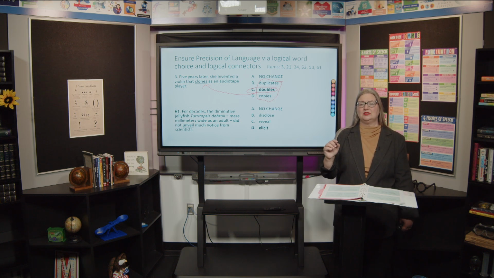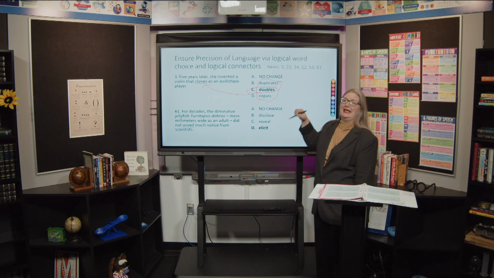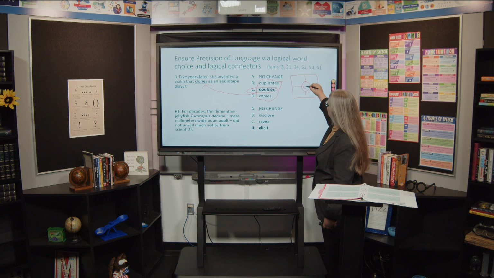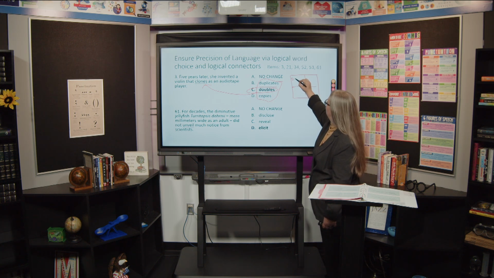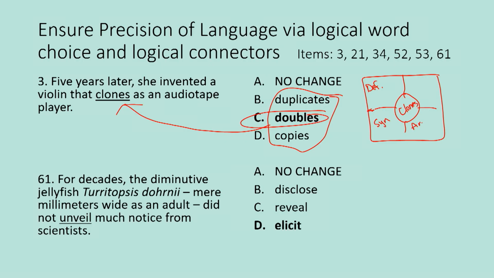And so I think I told you guys that in my classroom we do a lot of Frayer models that have synonyms and antonyms in them. And if you want to know what a Frayer model looks like, you put your word here. So we would put the word clone, and then you would have the dictionary definition, and then you would have synonyms and antonyms, and I can't remember what this last corner was, but typically it's whatever your teacher decides.